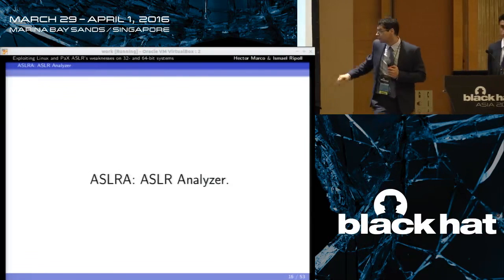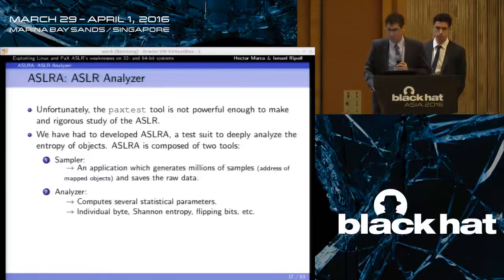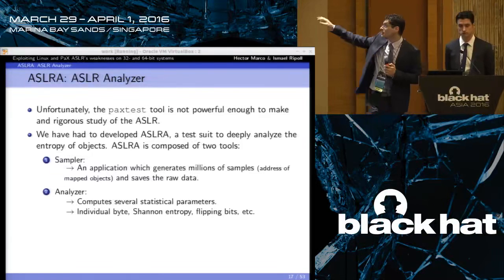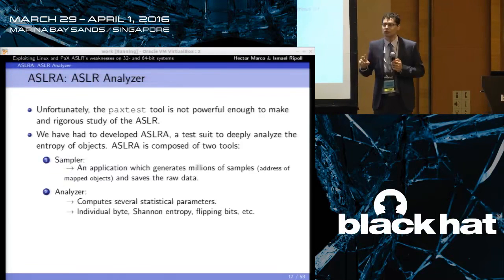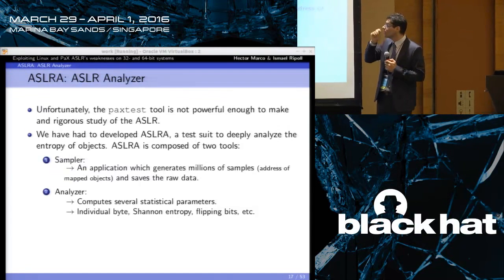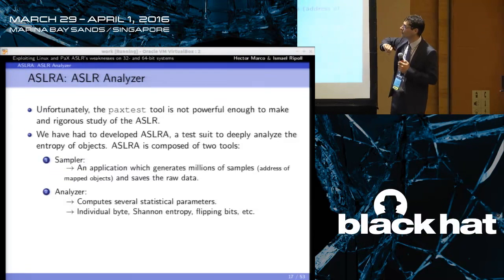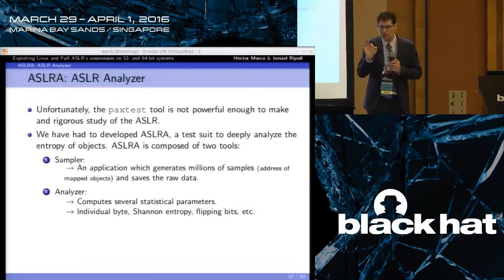Going faster, the ASLR analyzer. We have developed a tool. As I said, Paxtest is a nice tool. It was great, but it has basically two problems: the entropy is not computed in a nice way, and there are some bugs in the way it collects the addresses.